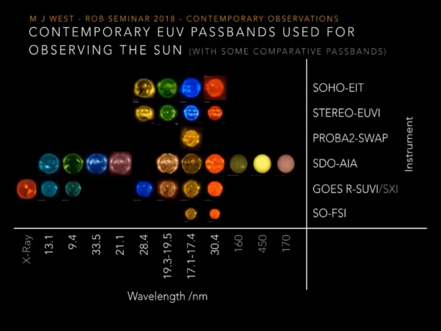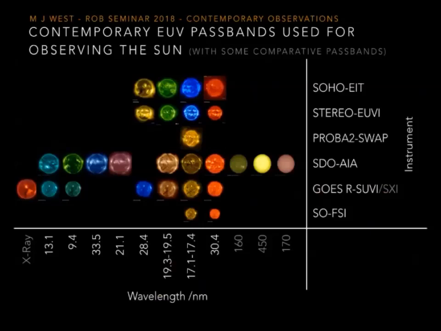All of these are observatories observing the full solar disk in the EUV. We're observing hot parts of the solar atmosphere in these wavelengths, starting with SOHO EIT, which has been observing now for over 2 solar cycles, over 22 years.